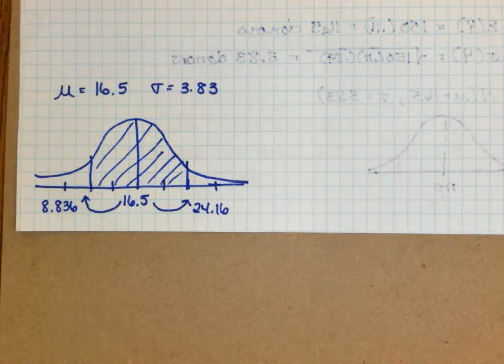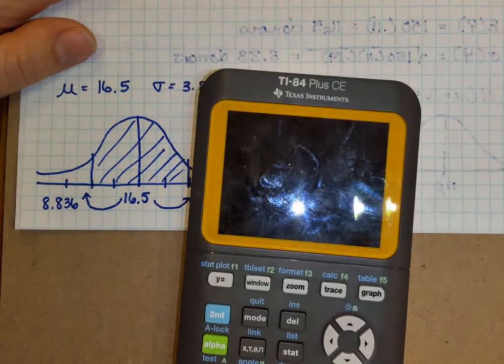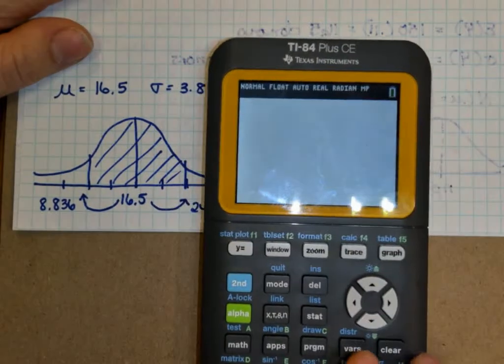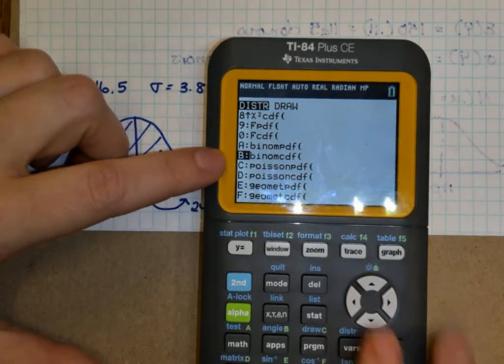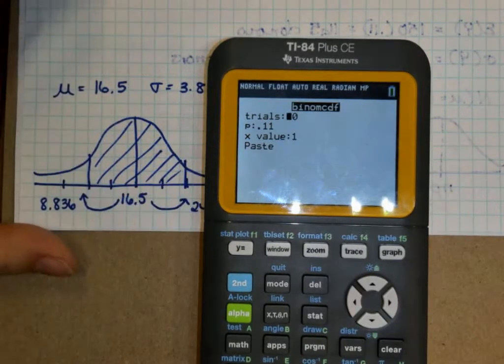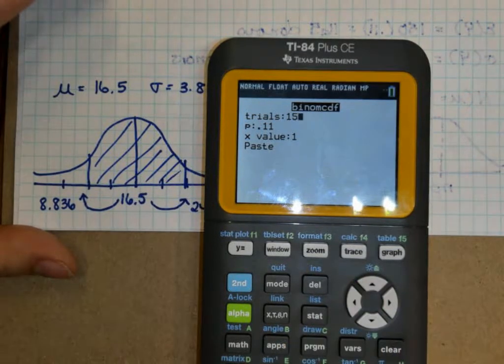You can also go to your calculator and do binomial CDF, and I'm just going to play around with it. We have 150 trials.